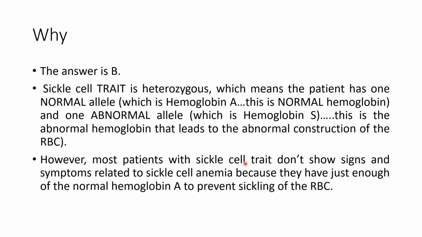However, most sickle cell trait patients do not show signs and symptoms. Why? They have just enough normal hemoglobin A to prevent sickling of RBC. So always remember, usually sickle cell trait patients do not show signs and symptoms because they have just enough level of hemoglobin A in the blood.